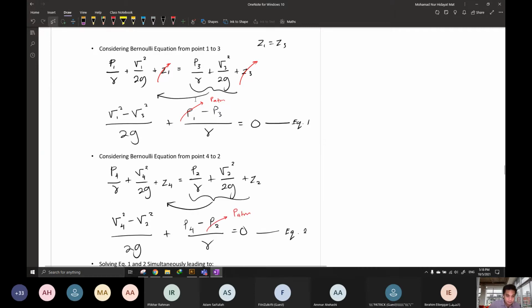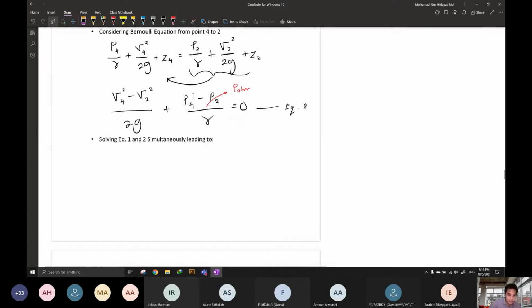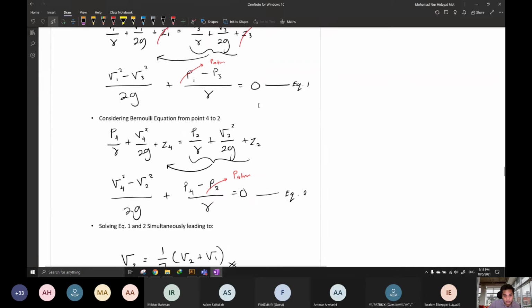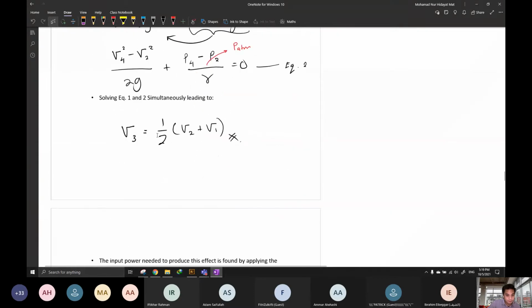You can solve simultaneously and finally you will have this equation, which is V3 equals half of V2 plus V1. This is combining equations 1 and 2. You can do the mathematics on your own, and in conclusion you will find this.